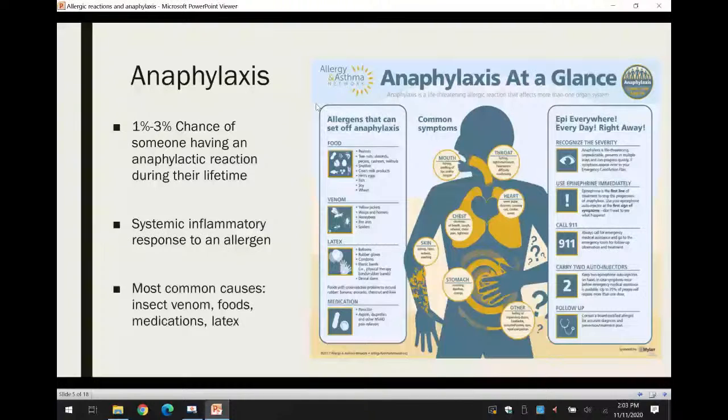It's a systemic reaction to some sort of allergen, and the allergen can be anything that would otherwise be innocuous, but for whatever reason, the body has a reaction to it, which causes an immediate reaction via IgE and release of histamine and other chemicals throughout the body, and causes a systemic inflammatory response.